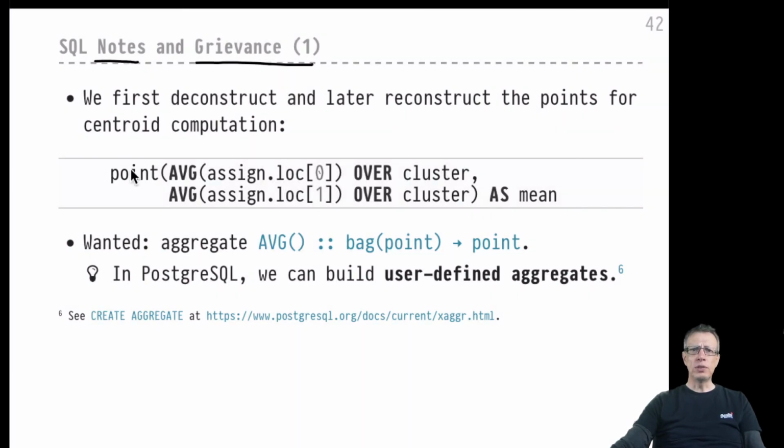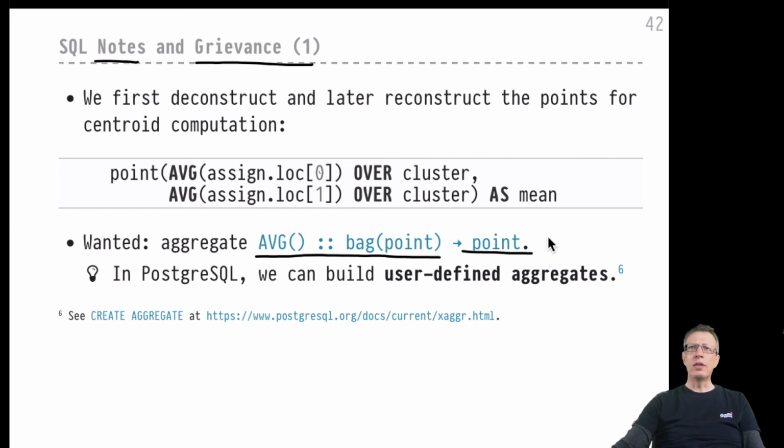And well, this is less elegant than you would hope for. What you would probably hope for would be something like this. I give you a bag of points. Please compute the average of this bag of points, the centroid of this bag of points or this set of points, and return the centroid.